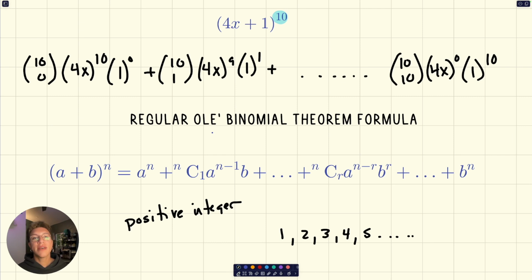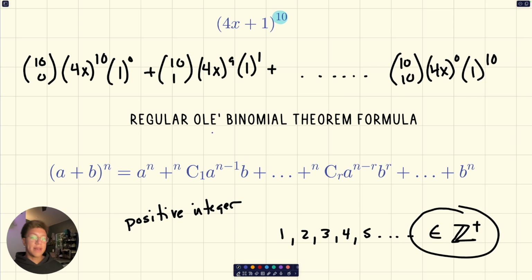This is often written as the set Z, or Z plus, for all the positive integers. So what we're saying is that the regular binomial theorem is kind of limited. It only works for this set of numbers.